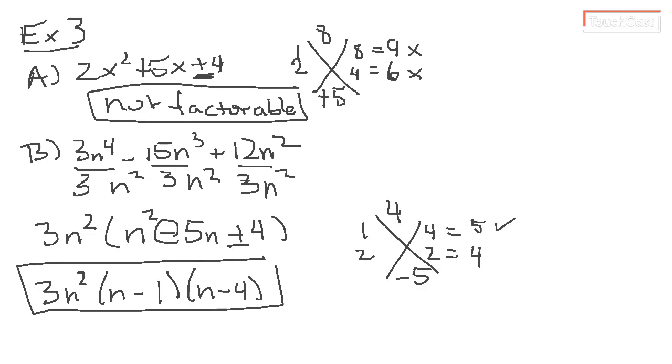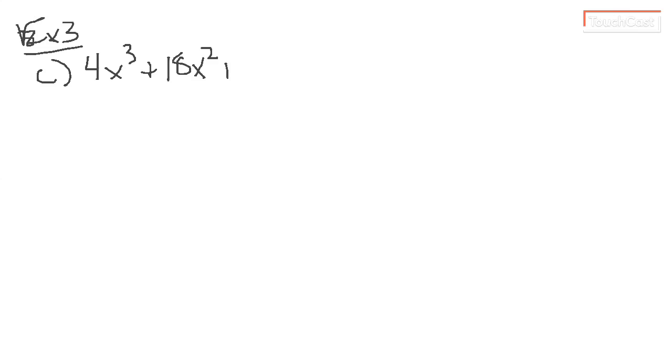ways to factor. So 3, if we want to call it example 3, still we're on C, we want to factor the expression 4x cubed plus 18x squared plus 20x. Well, I see every term has an x, so we're going to factor that out.